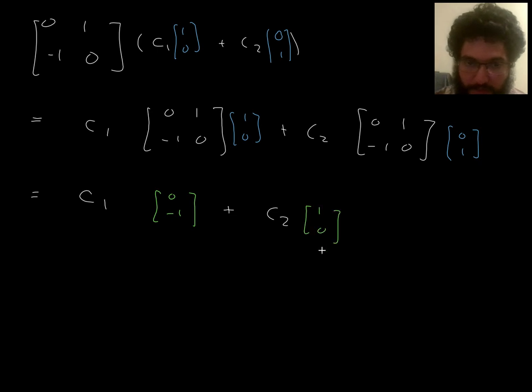I just get the second column. So if you take any linear combination of 1, 0 and 0, 1, and you apply this to it, you get the same linear combination, same coefficients, just changing who you're taking a linear combination of. 1, 0 becomes 0, minus 1, and 0, 1 becomes 1, 0.